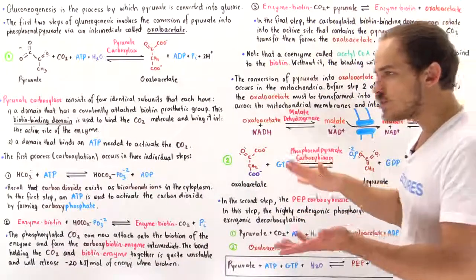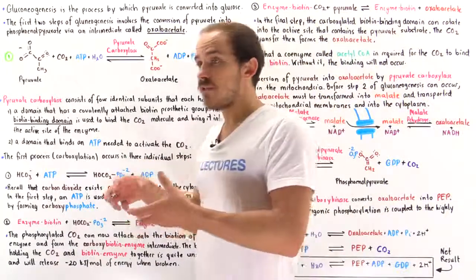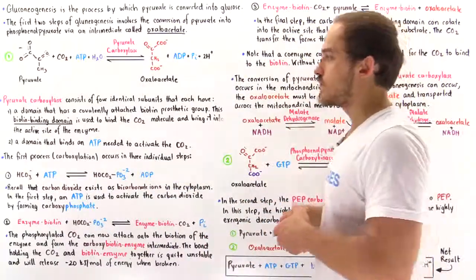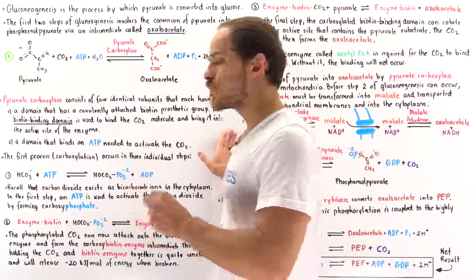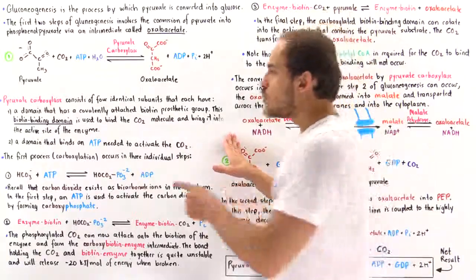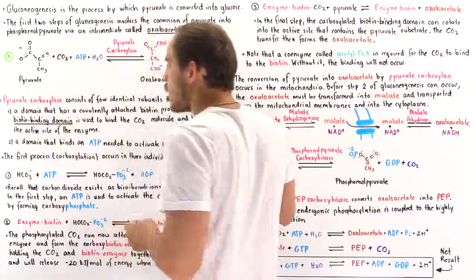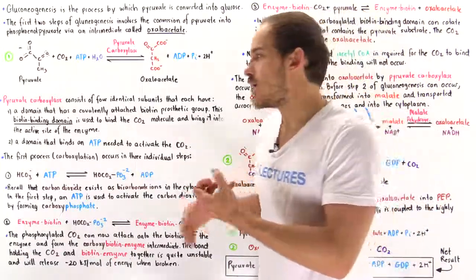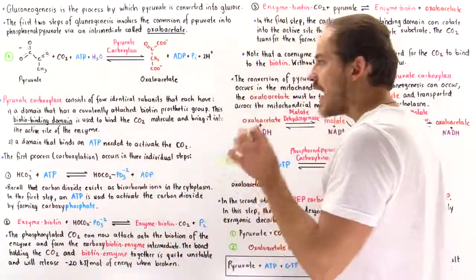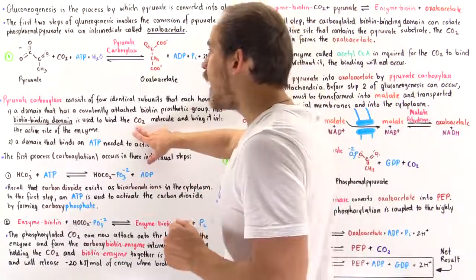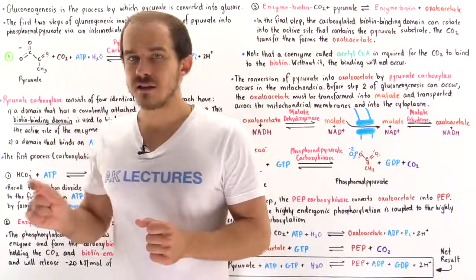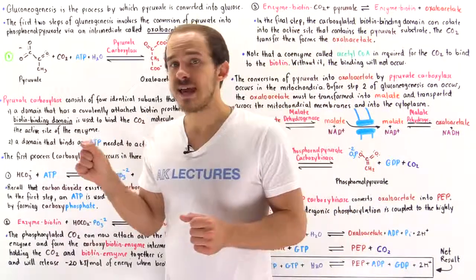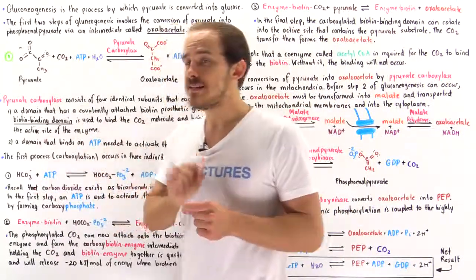Now, let's talk a bit about these important regions that exist on the enzyme, on these subunits. So we have 2 very important regions. One of these regions, known as the biotin binding domain, actually contains this helper molecule we call biotin. And biotin is actually used to bind that CO2 molecule. Now, another important site is a region that binds an ATP molecule.